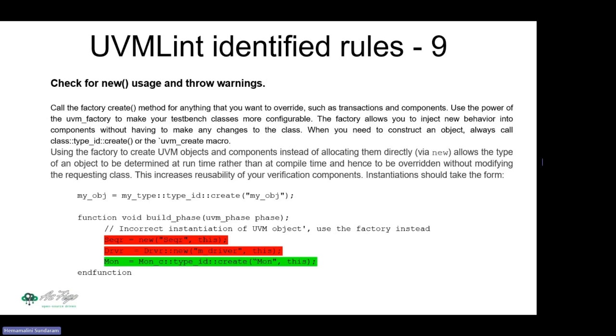Using the factory to create UVM objects and components, instead of allocating them directly, allows the type of an object to be determined at runtime rather than at compile time, and hence to be overridden. What is the basic use of this? The rule checks for new usage and throws warnings. It increases the reusability of the verification components, right? Here's a code example that explains how to do it.